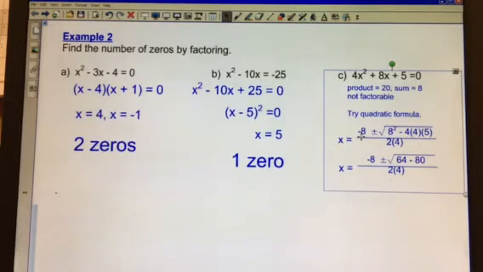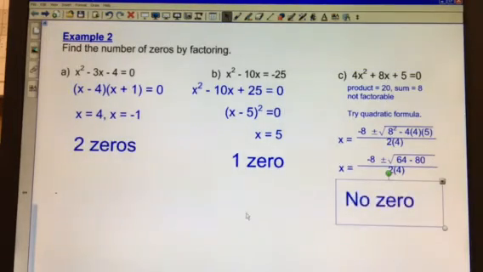So you take out your negative b plus or minus the square root of b squared minus 4ac, divided by 2a. Substitute the values of a, b, and c. You realize that under the square root, you have 64 minus 80, which will end up as a negative number, and you cannot take the square root of a negative number. As a result, you will not get any zeros from this quadratic function.